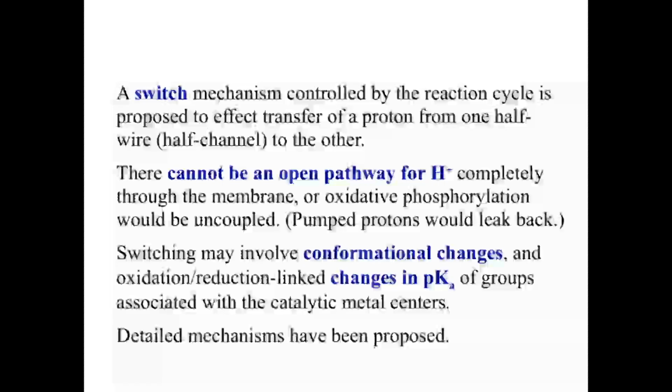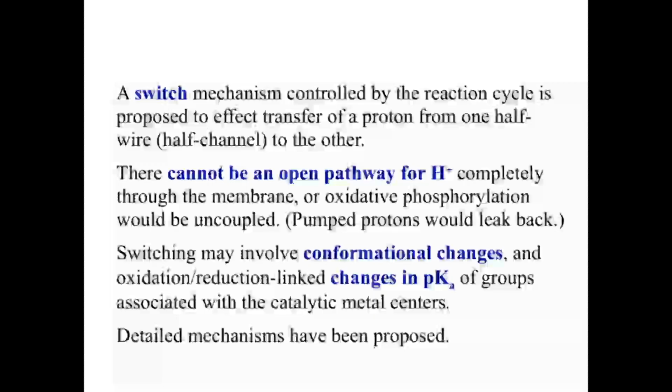This switching mechanism likely involves conformational changes, so structural adjustments in the protein, that are linked to the oxidation and reduction states of certain groups. These changes can also affect the pK values of groups associated with the catalytic metal centers, making proton transfer more or less favorable depending on the state.